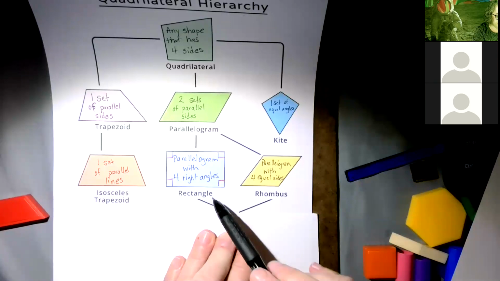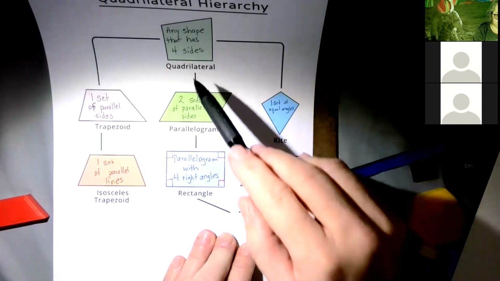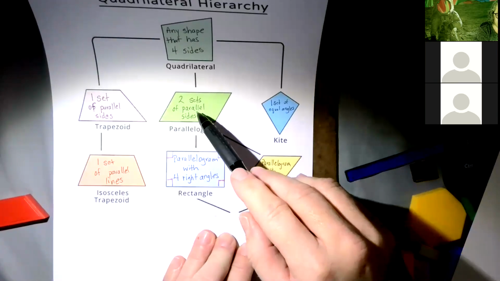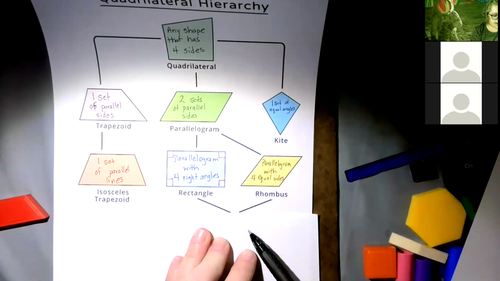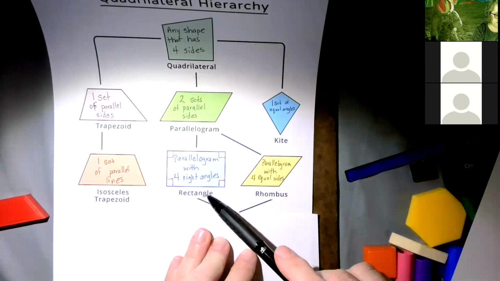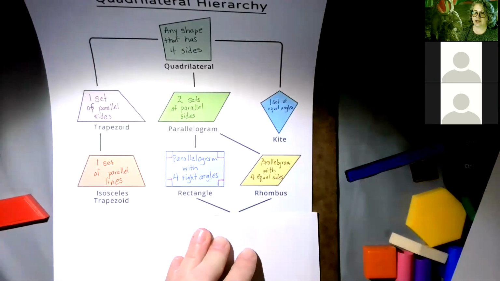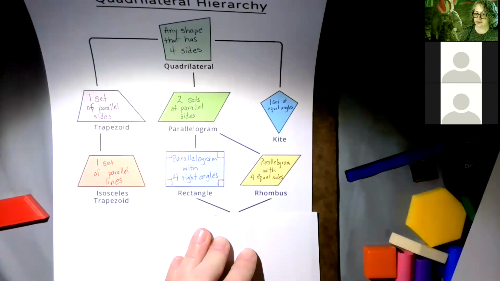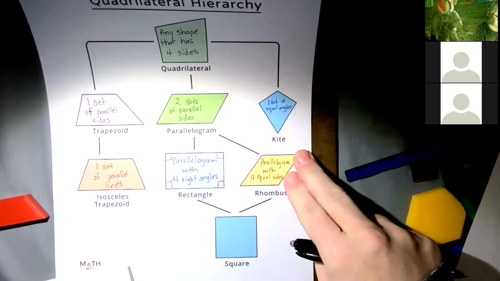When you go down, you could say this one's a rectangle, but it's also a parallelogram, and it's also a quadrilateral. A rhombus is also a parallelogram, and it's also a quadrilateral. But here we have one that you could say it's a rhombus, rectangle, parallelogram, and a quadrilateral. What is that shape that we can say is all of those before I even show it? Anybody got a clue what that mystery shape is? Square. It is a square.